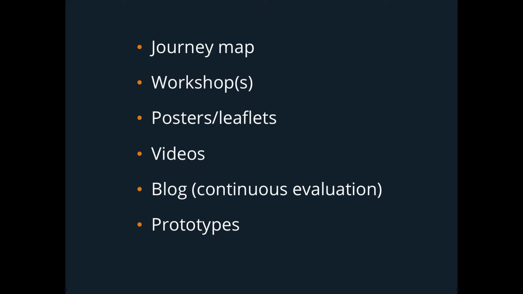So there's a lot of different kind of deliverables that you can have that kind of tell this story from a longer time. So journey maps can do that. Workshops, especially workshops given by the internal stakeholder, can do that. But just posters or leaflets or even videos are some of those deliverables that can tend to kind of stay around in organizations.